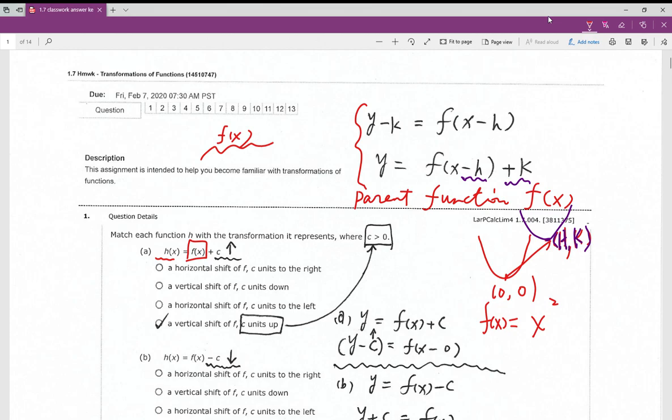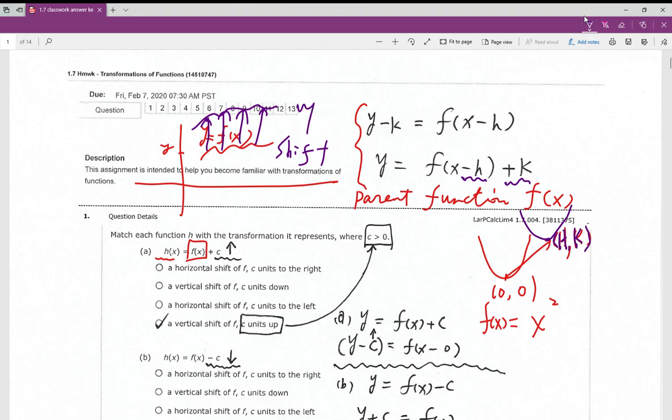If your parent function is something like that, this is f of x, and your new function asks you to plus c. So what's plus c? It means the y value plus c. So if this is the function value y, and all the y values plus c, it means you shift everything up. So you are going to have something like that.